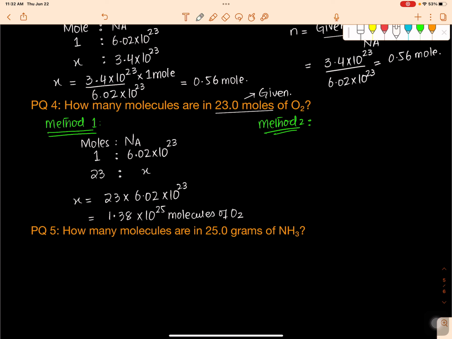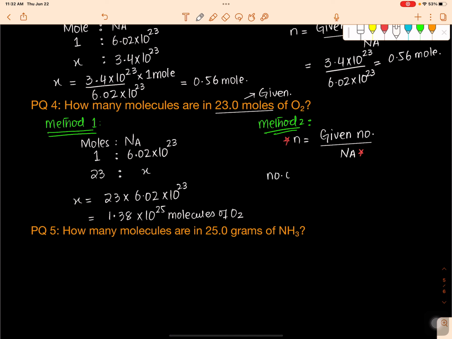Method number 2 tells us that the number of moles equals the given number divided by the Avogadro's number. Now we have the number of moles with us, and we know the Avogadro's number, so we move the Avogadro's number to the other side of the equation to find the given number, or the number of molecules.